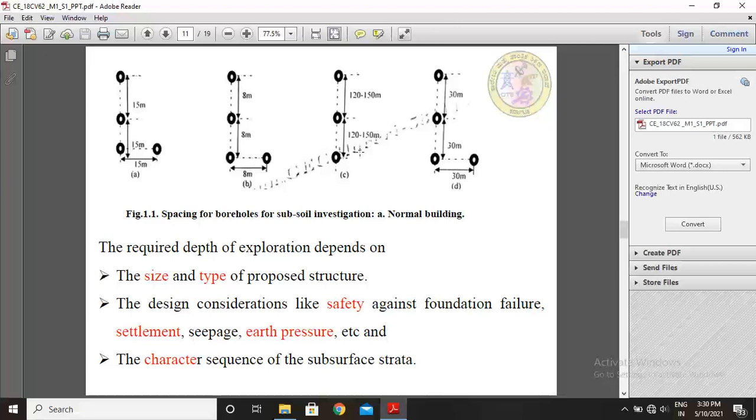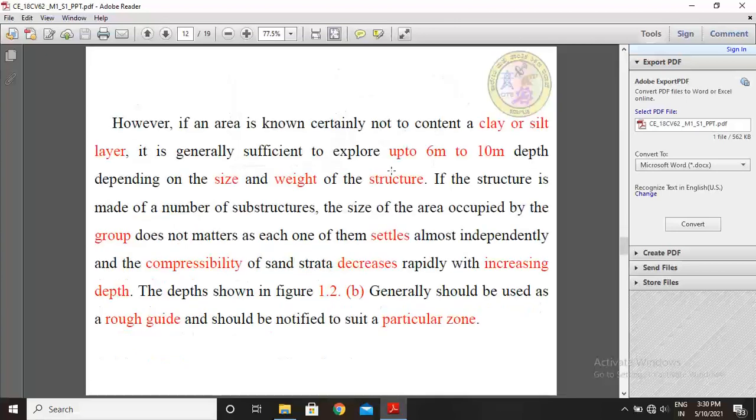Next, the required depth of exploration depends upon the size and type of the proposed structure and the design considerations like safety against foundation failure, settlement, seepage, earth pressure, etc., and the character and sequence of the substructure strata. However, if an area is known certainly not to contain a clay or silt layer, it is generally sufficient to explore up to 6 to 8 meters depth depending on the size and weight of the structure.